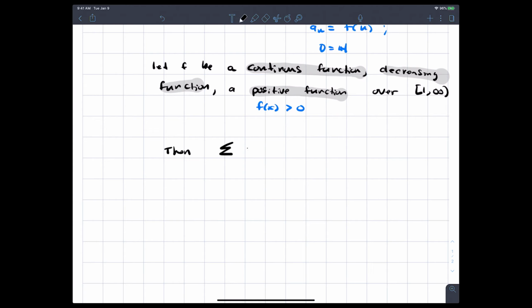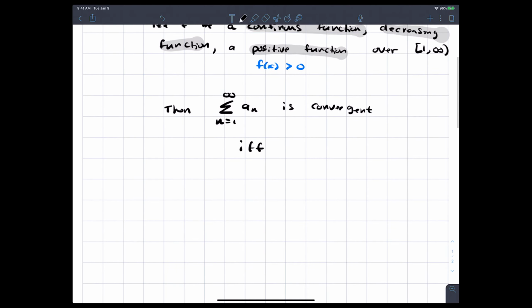Then the series a_n, for n from 1 to infinity, is convergent if and only if, that means equivalence, the improper integral from 1 to infinity of f(x) dx is convergent.